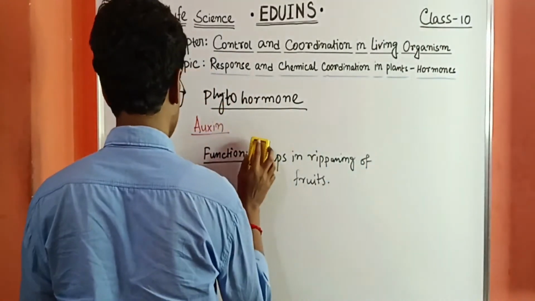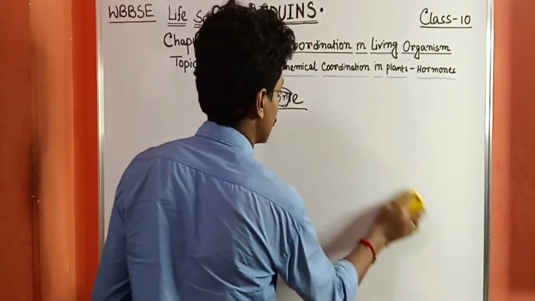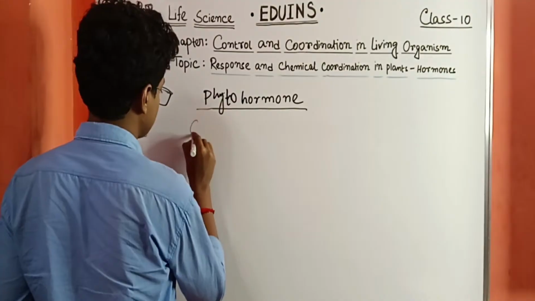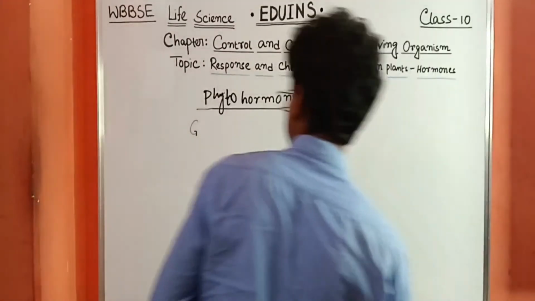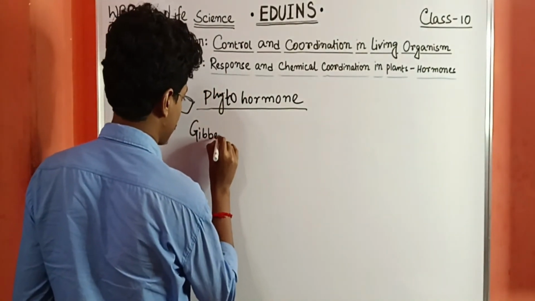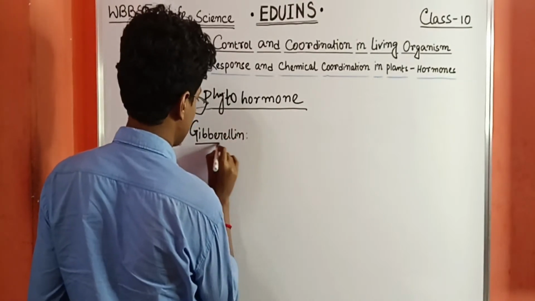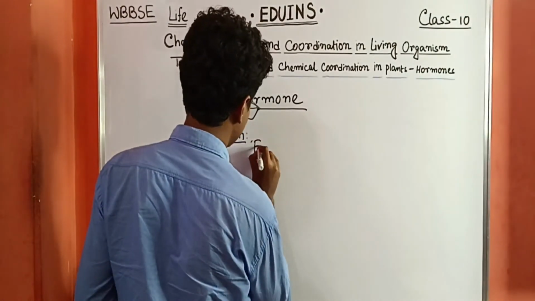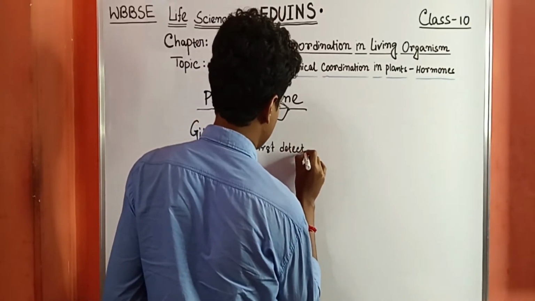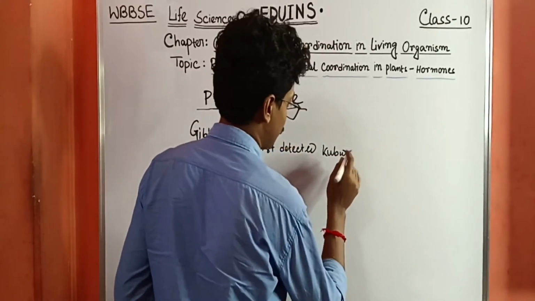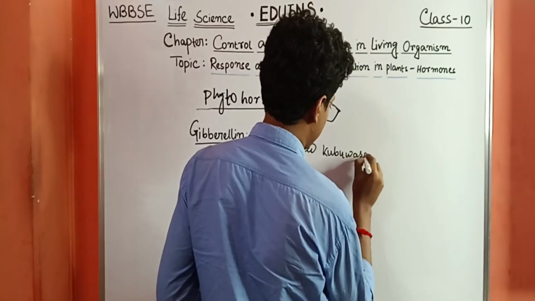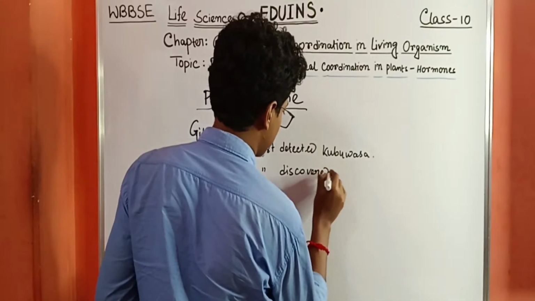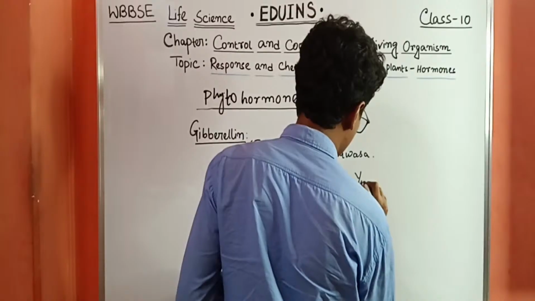Next one is the gibberellin. Gibberellin was first detected by Kurosawa and first discovered by Yabuta.